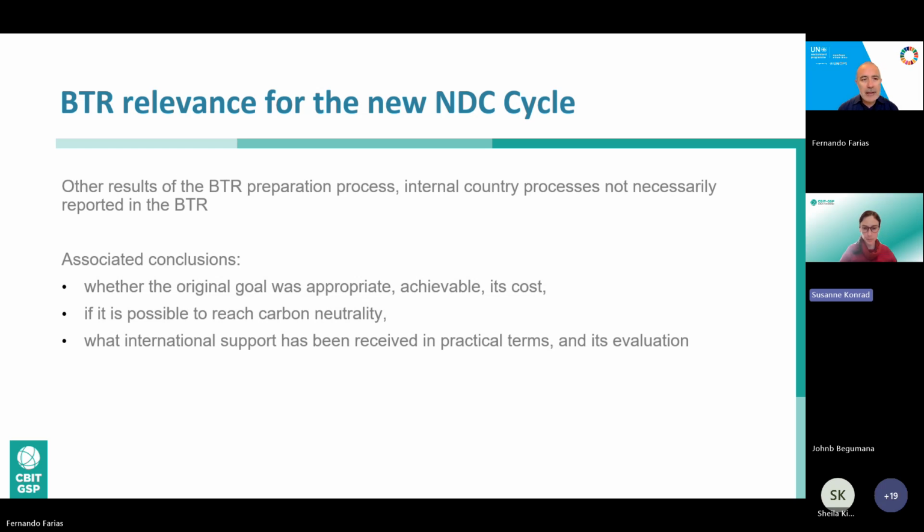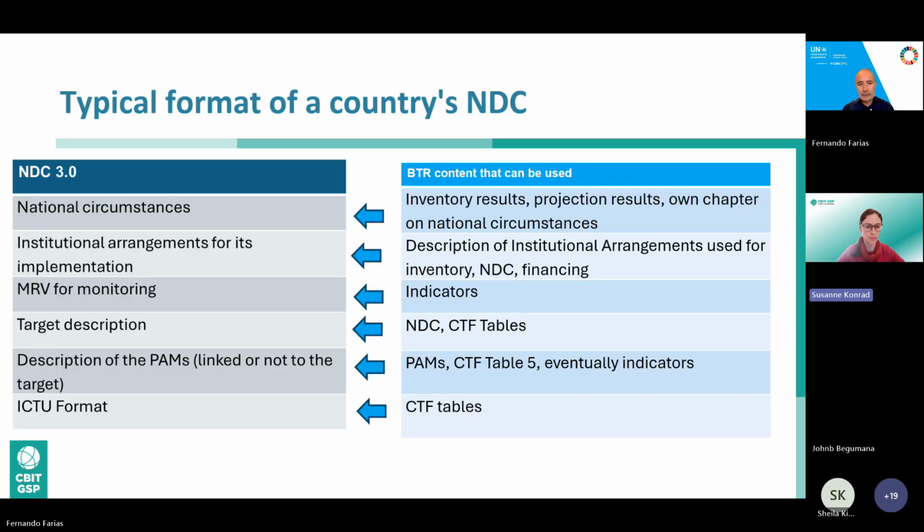And also, I think the BTR process was useful for countries to understand international support: how, in practical terms, to account for how the international support has gone to the countries, how useful it has been, and what we can expect from international support in the next years.